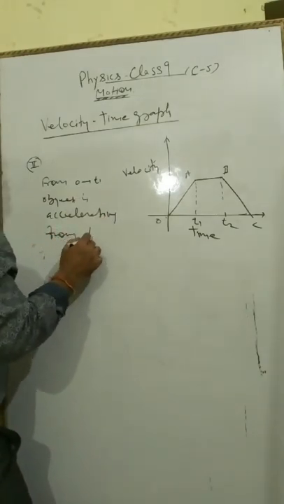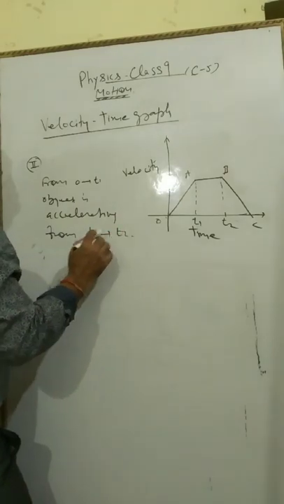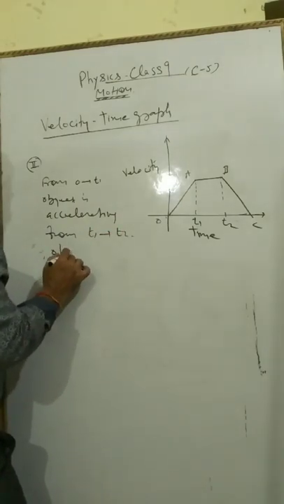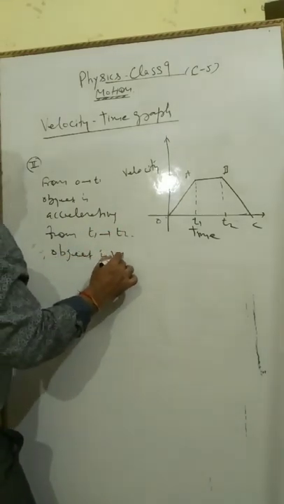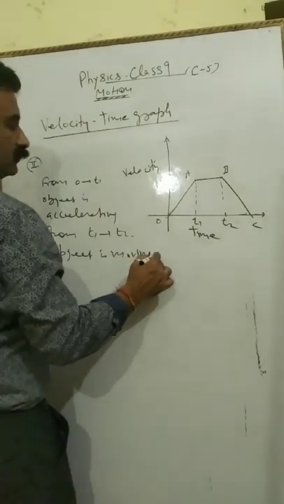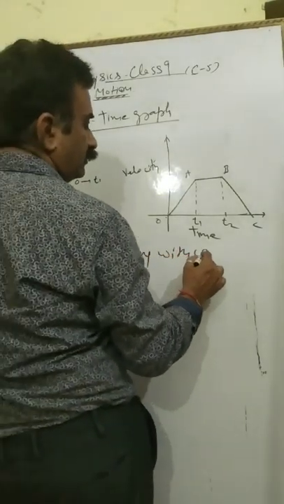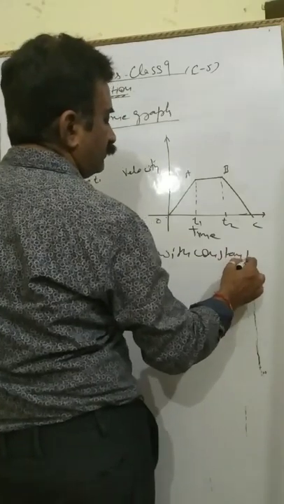From t1 to t2, the object is moving with constant velocity.